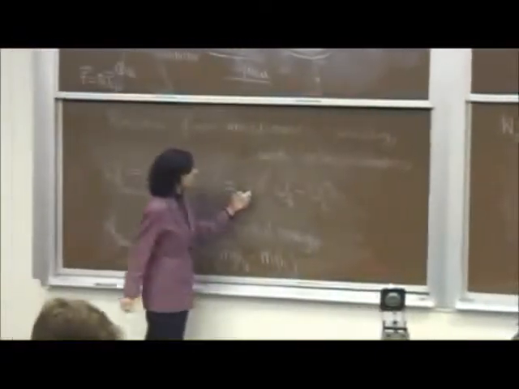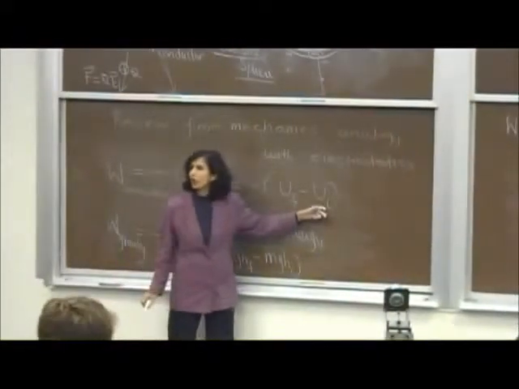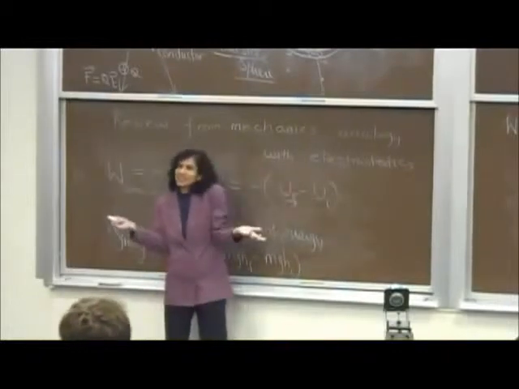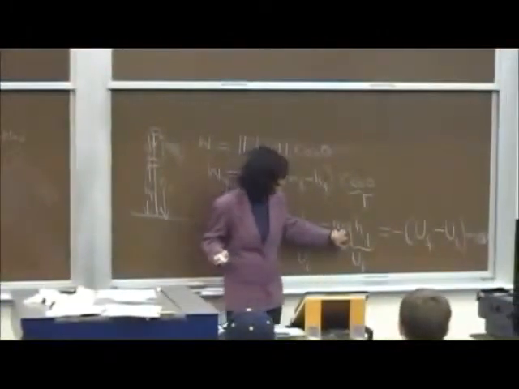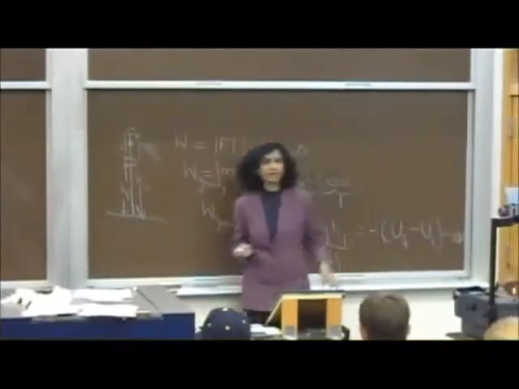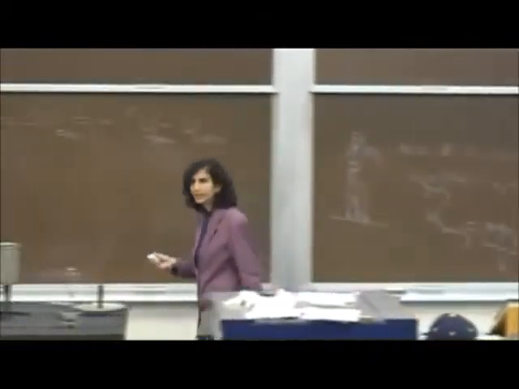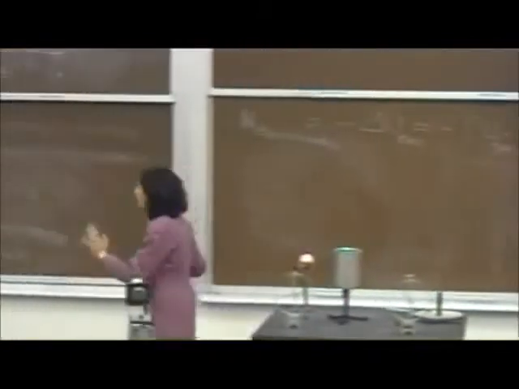Because always when you talk about changes, you always talk about final minus initial. That's the convention. Okay, and it turns out that work done by gravity is initial potential energy minus final potential energy. So if you wanted to write it as final minus initial, there's a minus sign in the front, right?